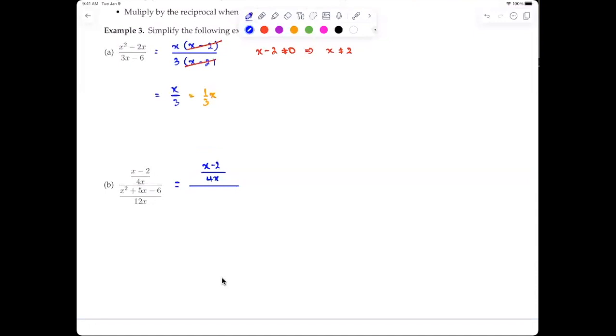Right, so x squared plus 5x minus 6 can be factored into x plus 6, x minus 1, divided by 12x.